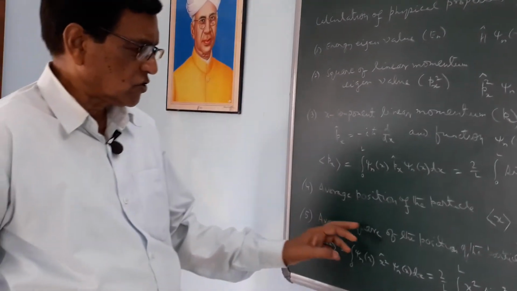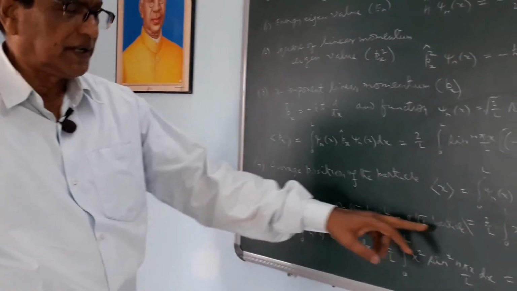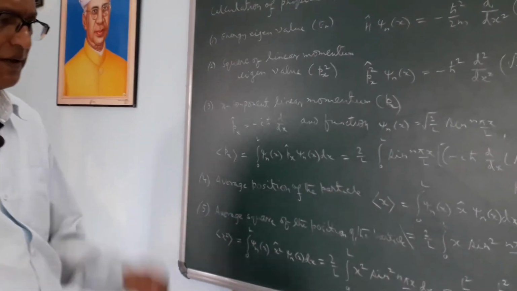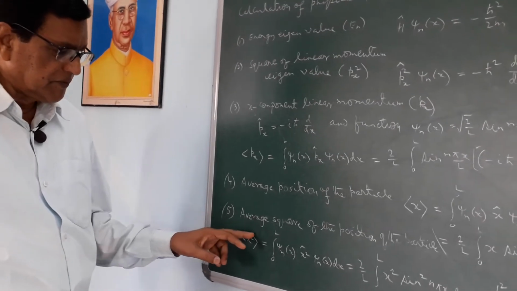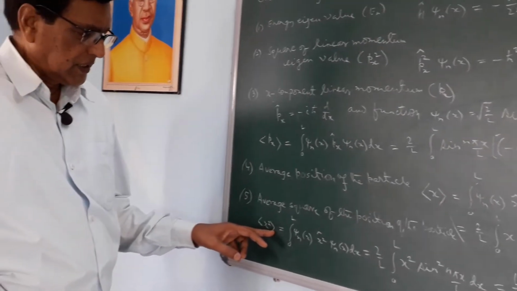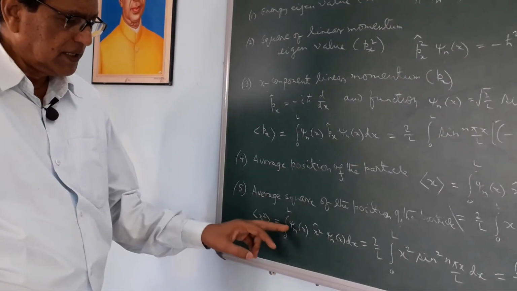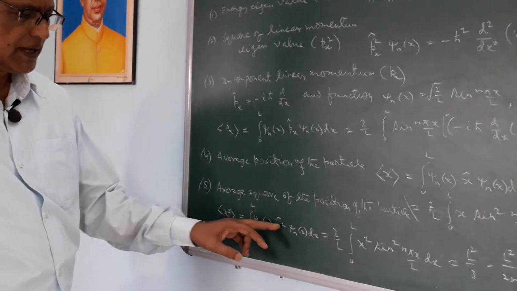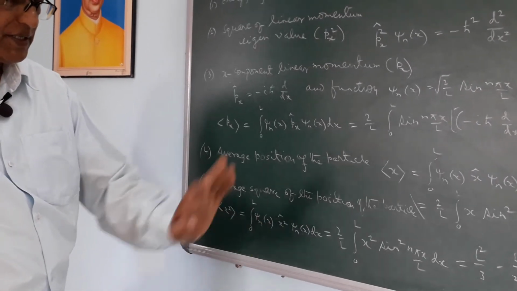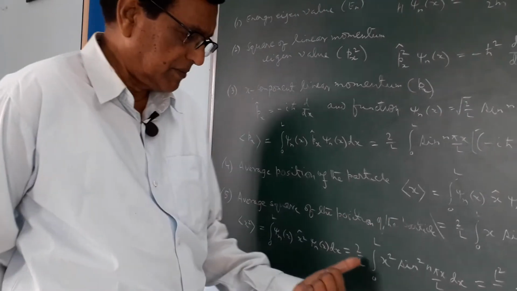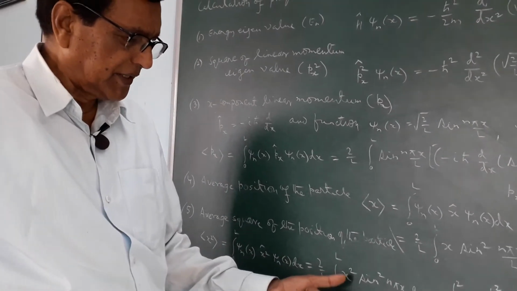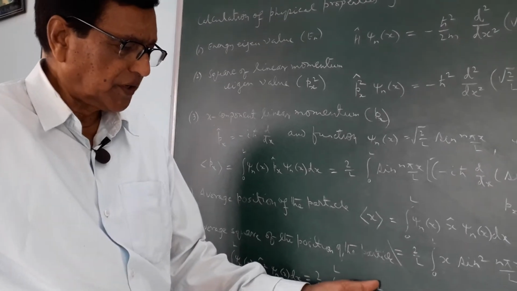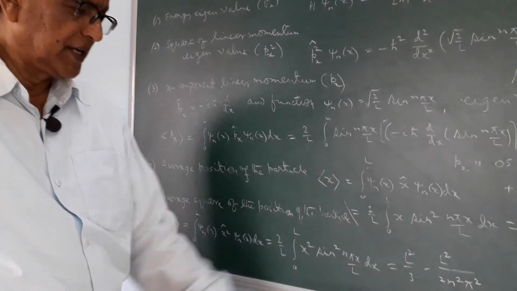Then the average square of the position of this particle is, rather, tough mathematics. So this expectation value of x square equals the integral from 0 to L of psi_n x square operator psi_n dx. 2 by L again coming outside the integration, and this is the limit 0 to L, and x square sine square n pi x by L dx.